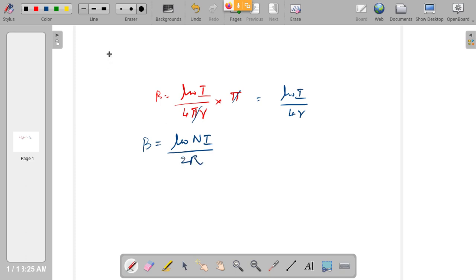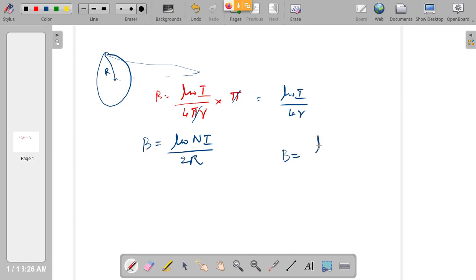You have to just remember this formula. That's it. Circular loop. Immediately you have to remember what is the formula at the center, what is the formula at the axis, if the radius is R. So I clearly asked you to remember only one formula for the whole thing. Even if you cannot remember this individually, with practice you will anyway remember. All it requires is practice. But I told you generally you remember this formula.